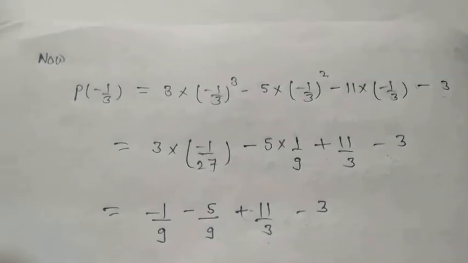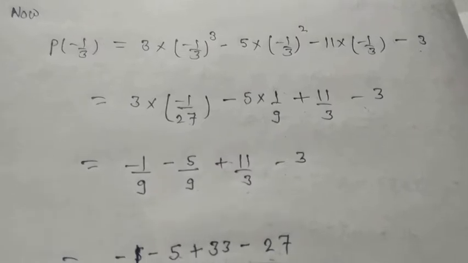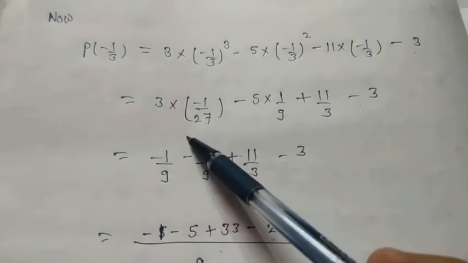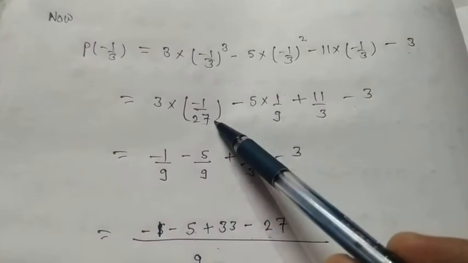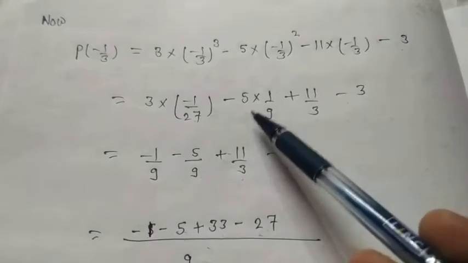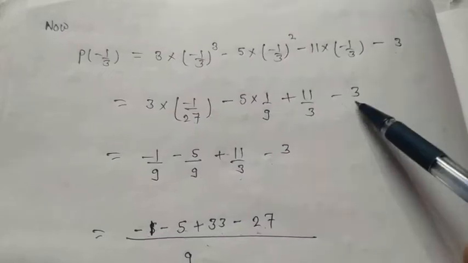What I have done, I have just put the value of x as minus 1 by 3. Okay, now see children, 3 into it will become minus 1 by 27. After that minus 5 into 1 by 9, then plus 11 by 3 and minus 3.